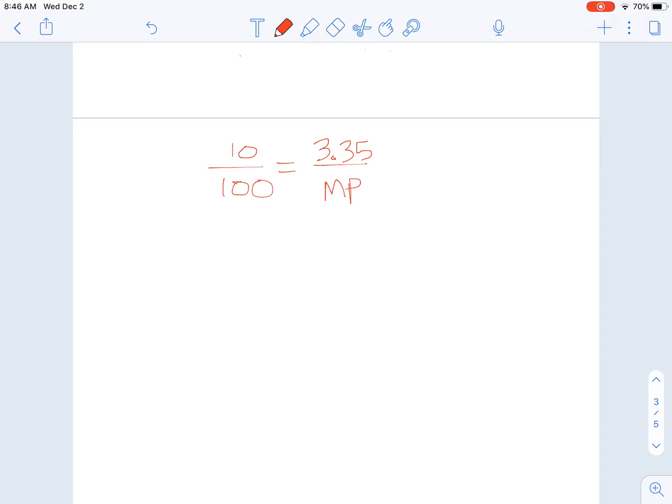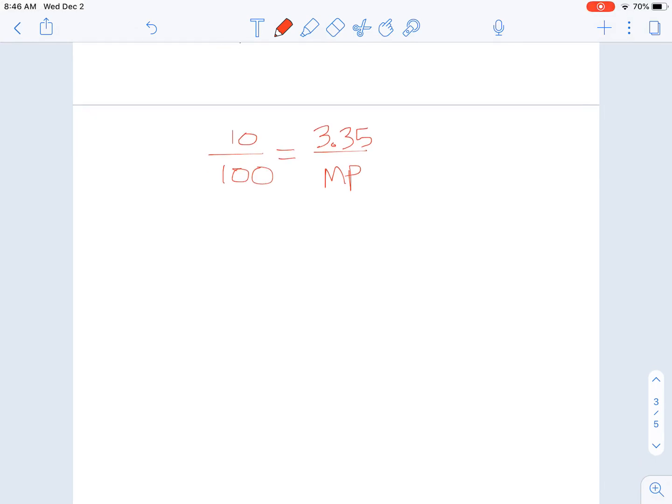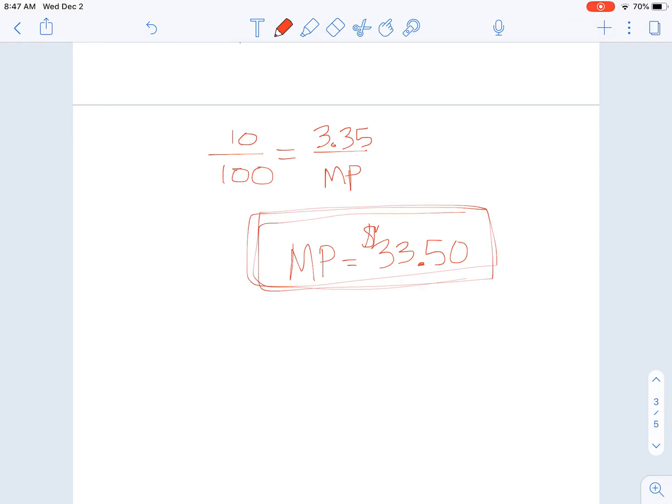If I cross multiply and divide, I get a menu price of $33.50. Which would mean that I would make a profit, let me go through that far, of $30.15 off of that meal. Which I go, cha-ching, wow.